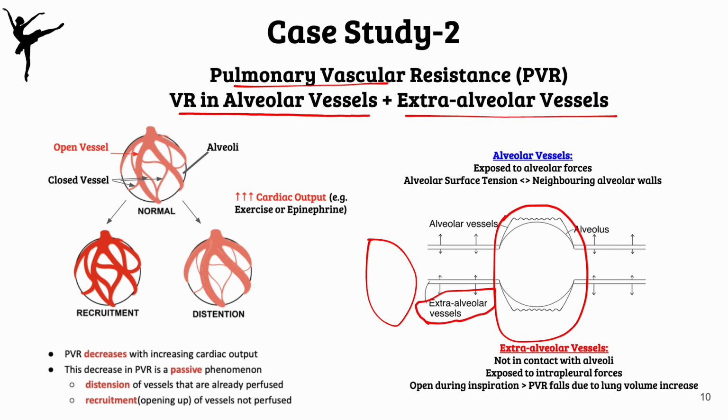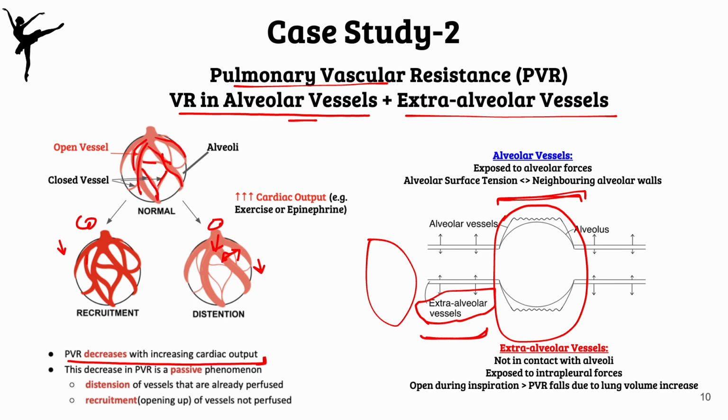They behave very differently and respond differently to pressure differences and lung volume changes, and therefore they'll have different vascular resistance as a result. So PVR, the total pulmonary vascular resistance, is the addition of your alveolar capillary vascular resistance and the extra-alveolar capillary resistance.